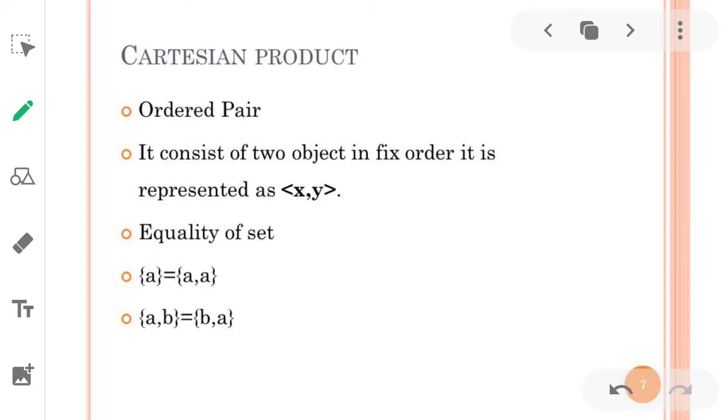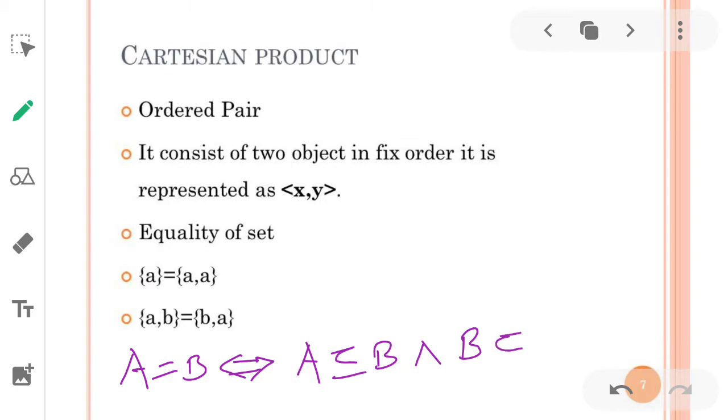So here we have to understand the two concepts, equality of set and equality of ordered pair. In case of equality of set, as all of us know, for example, set A is equal to B, it is equivalent to A is a subset of B and B is a subset of A. So in these both examples, LHS is a subset of RHS and RHS is a subset of LHS.